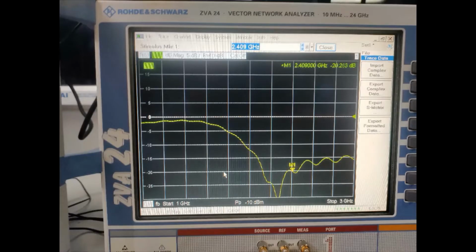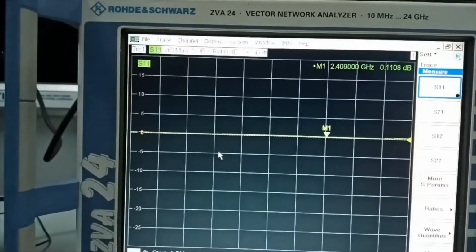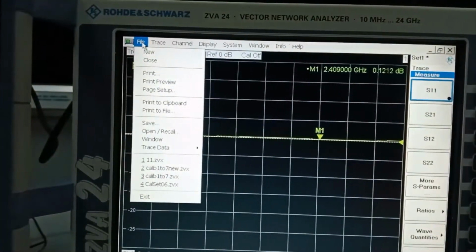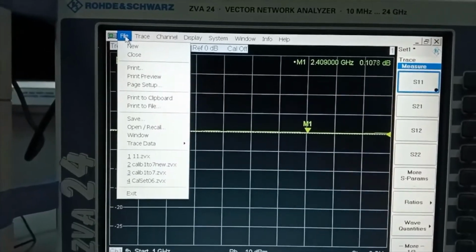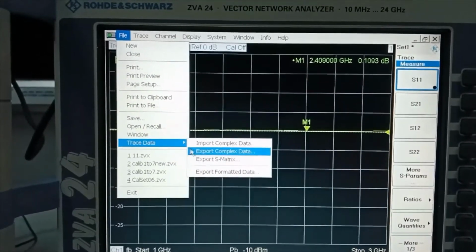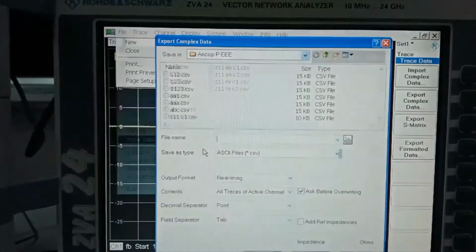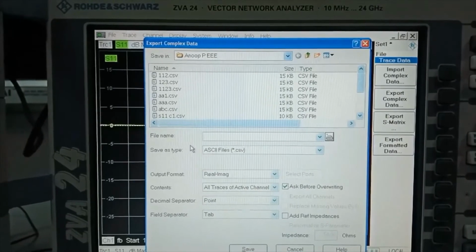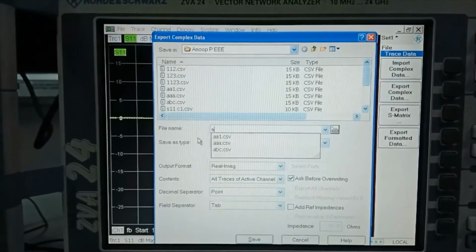We can see from the S parameter plot that our resonant dip is around 2.35 GHz. To save the S parameter data into the .csv format, we will first go to trace data, then export complex data, then as per the proper name we will save the file.